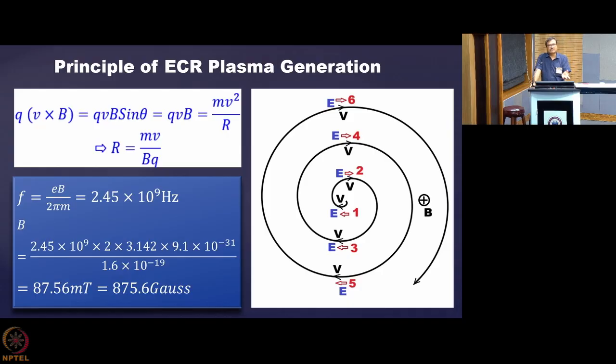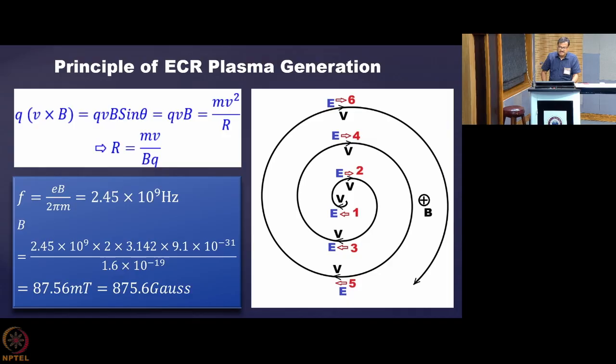That will be a circularly polarized field. So the particle is rotating and its velocity is changing, and the field is also in the same direction. That will be a very efficient way of imparting energy in this kind of plasma. So you can do that using a circularly polarized electric field. So they are also possible.